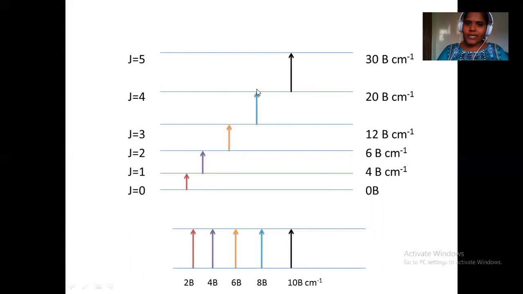So depending on the gap between these energy levels, you will get the respective peak. If a molecule wants to transform from 4 to 5, the gap is 10B, so I'll get a peak at 10B.